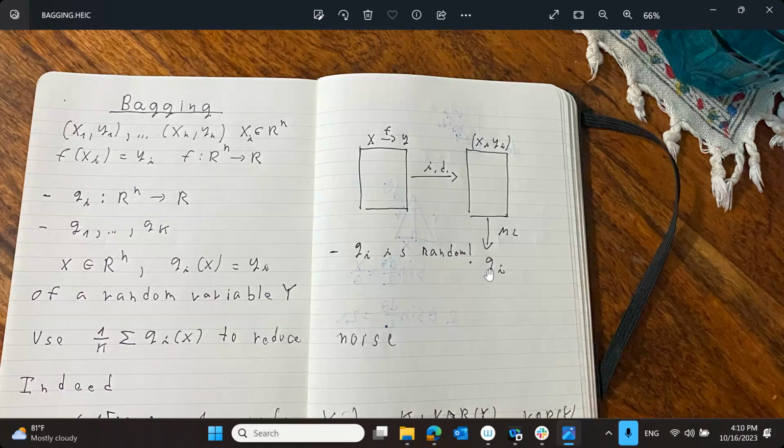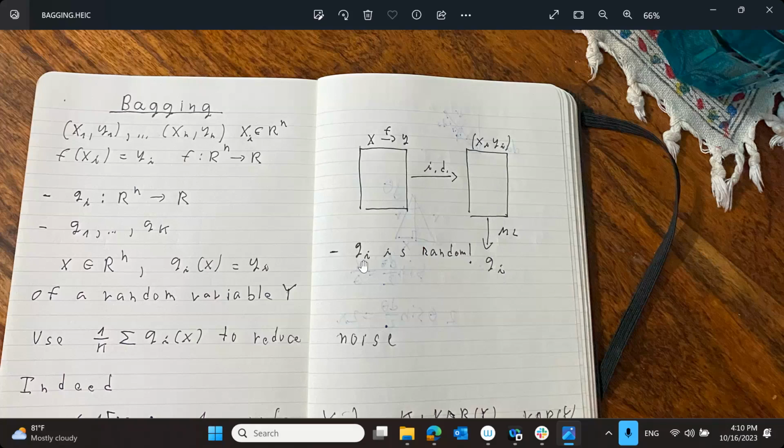Okay. So the crucial point about this is that, say I sample the data again. So I get another n pairs of examples of the points and the value of the function at the point. And I feed it again into the machine learning algorithm, then I get a different GI.